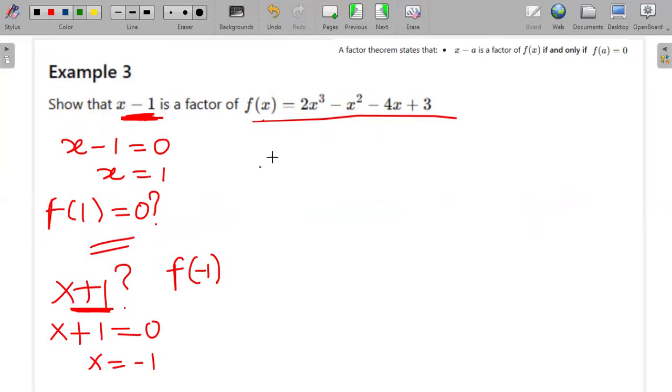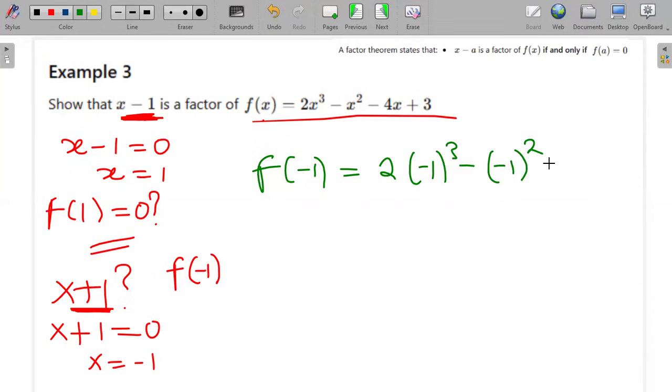So let's try to find. f of minus 1 will be equal to 2 times minus 1 to the power 3, minus, where there's x I put minus 1, and then squared, minus 4 times minus 1, and then plus 3. So this here will just be minus 1 to the power 3, that will be minus 1, multiplied by 2, that will be minus 2.